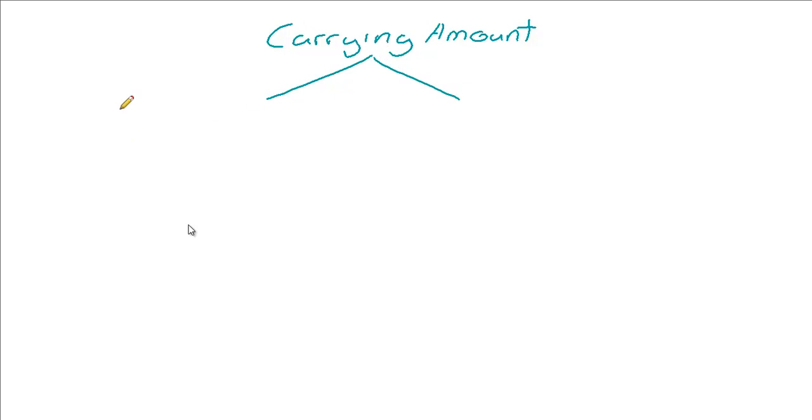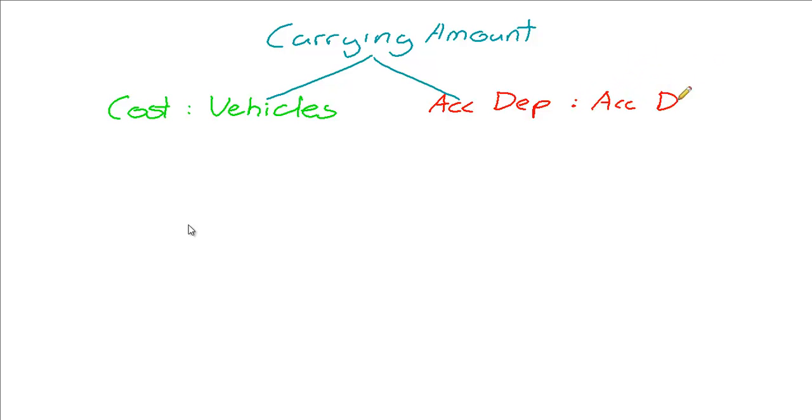We've got our positive cost account, for example, vehicles. And then we've got our negative accumulated depreciation account, which is, for example, accumulated depreciation, specifically vehicles.